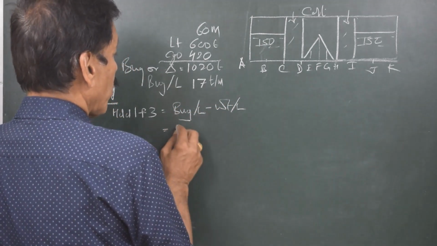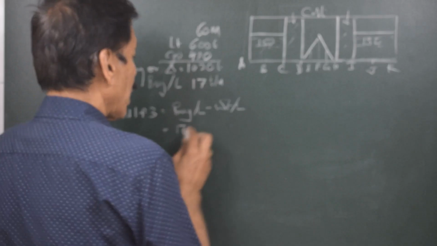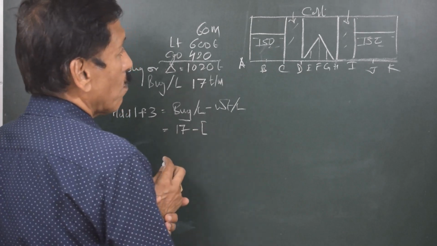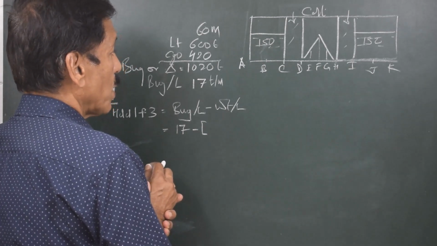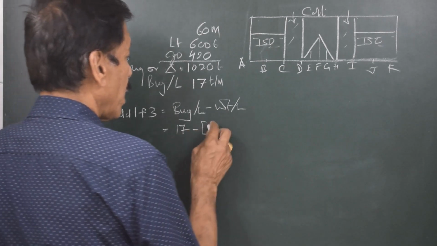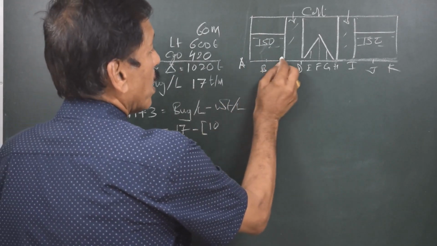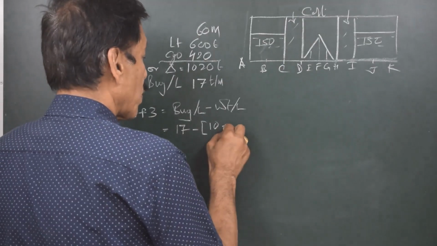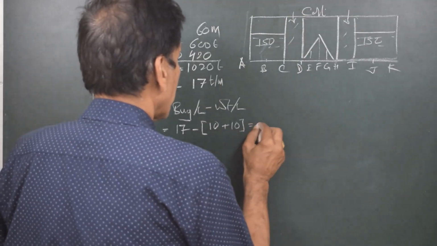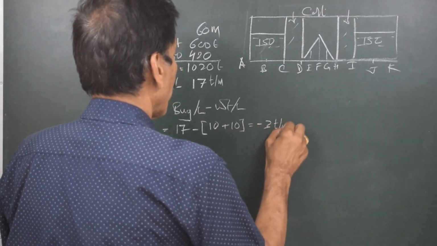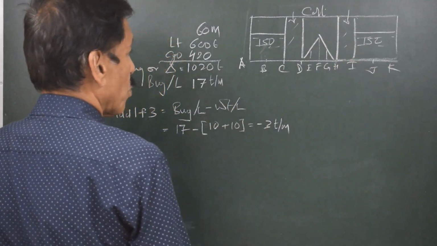And buoyancy per unit length is 17 tons per meter, and weight per unit length is going to be, because of lightweight is 600, and per meter it is 600 divided by 60, that is 10, and the cargo is 150 ton, and this distance is 15 meters, so once again that is also 10. So we have 17 minus 20, that is minus 3 tons per meter. So the load over hold number 1 and 3 is minus 3 tons per meter.